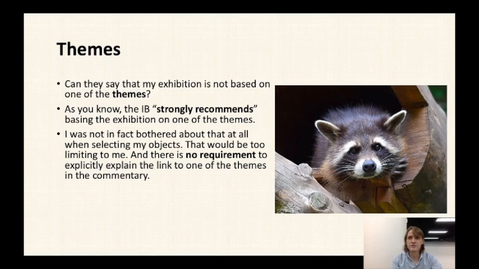I was looking at the knowledge question. I was working my way down from there, and I was looking for objects in the entire wide world that could be used to illustrate the idea of inevitability of bias in the production of knowledge. In fact, limiting myself to one of the themes seemed like a limitation factor to me.